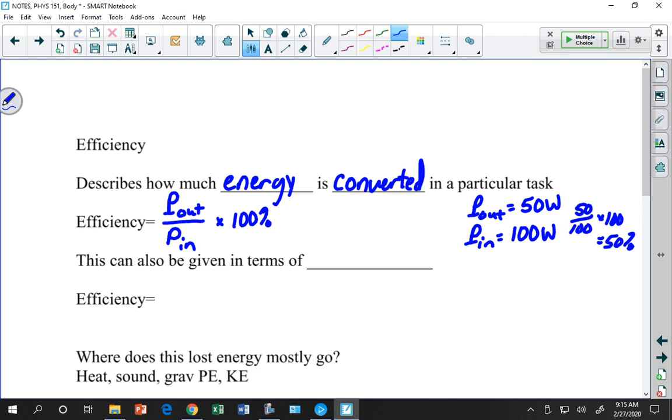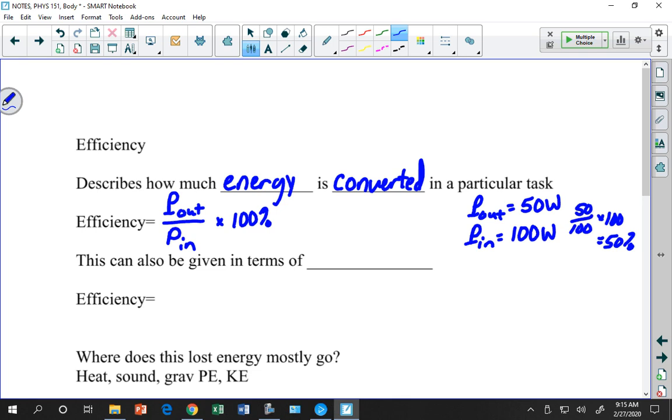It just describes that if I'm putting in 100 joules per second, but I'm only getting out 50 joules per second, then that must mean that I'm losing somewhere along the way that other 50 joules per second. So I'm only 50% efficient in this system.